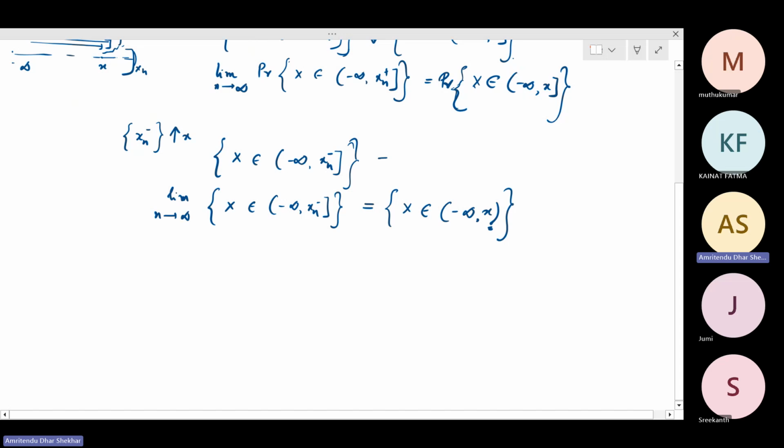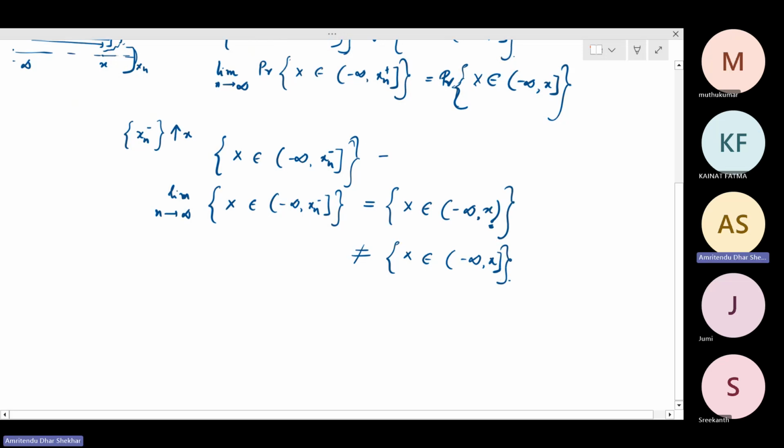Now by definition this is different from this, and there lies the catch.